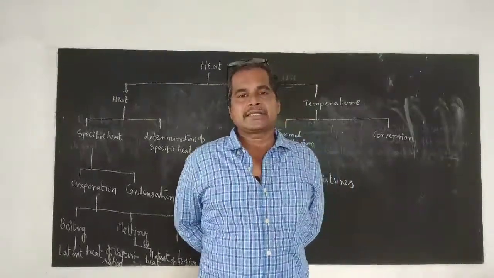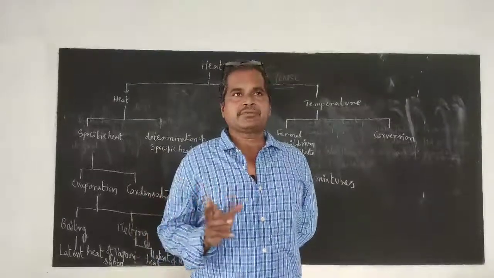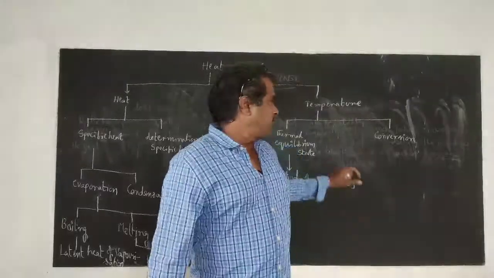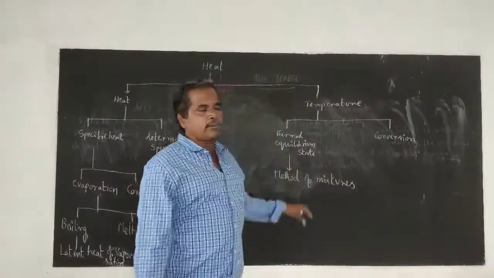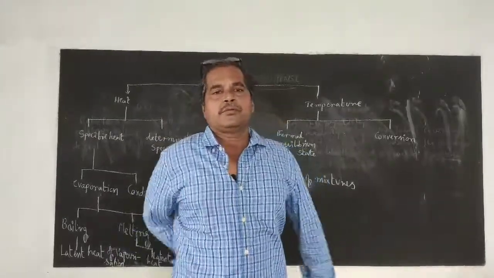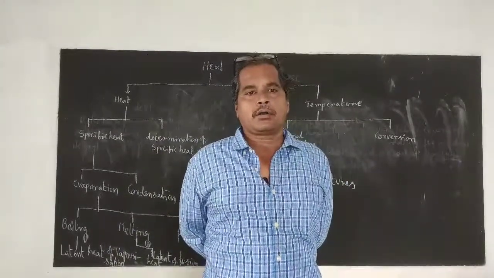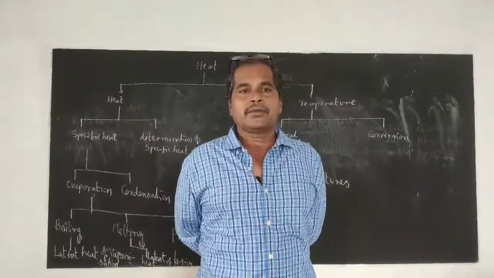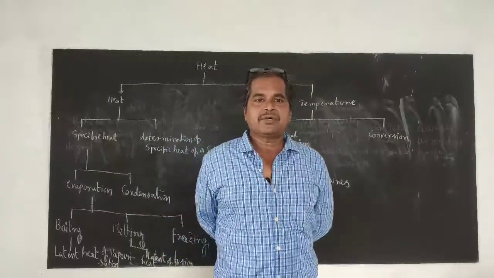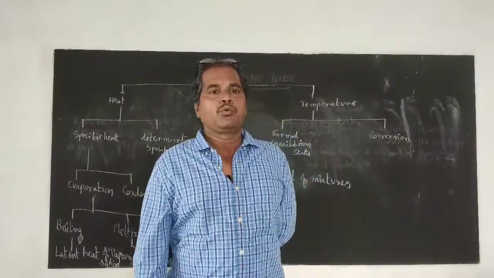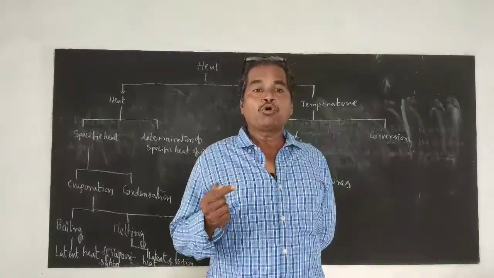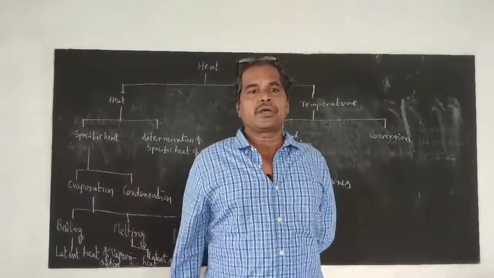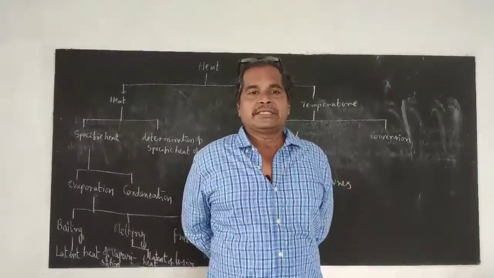So we have one phenomenon called thermal equilibrium state. If two or more objects contact each other, the heat energy transfers from hotter body to cooler body until both bodies attain the same temperature. This phenomenon is known as thermal equilibrium state.